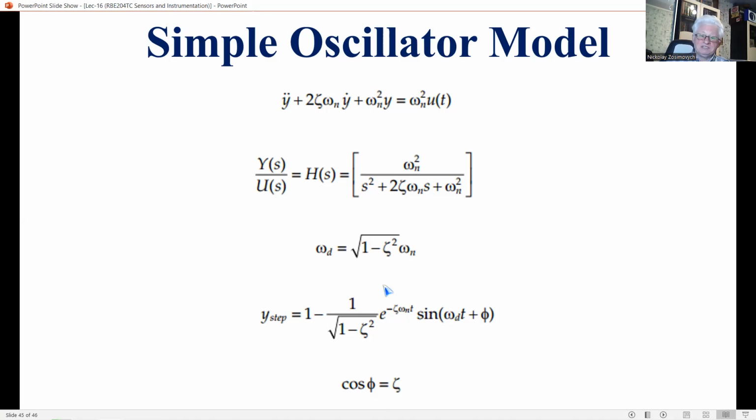The response of the system to a unit step excitation with zero initial conditions is known as the y step. Here we have y step, where the phi at the end is the phase angle in the response and is given by the equation for cosine phi equal simply this.